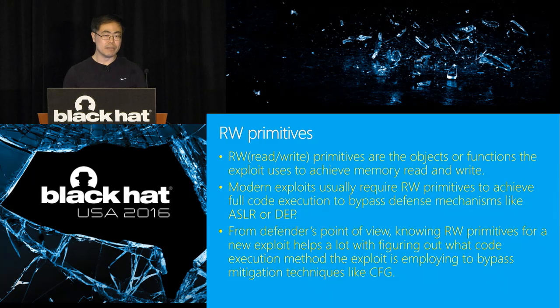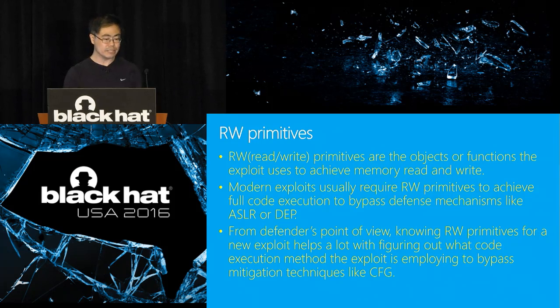Before ASLR and DEP, a lot of exploits didn't need these RW primitives. They were just corrupting some adjacent object, or they already knew some fixed address, and they just jumped there. That kind of technique worked. But after ASLR and DEP were introduced, you need full RW primitives to achieve RCE.